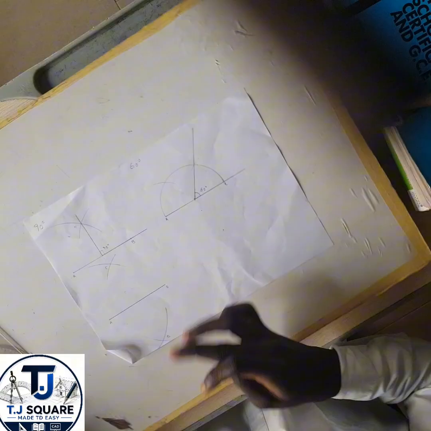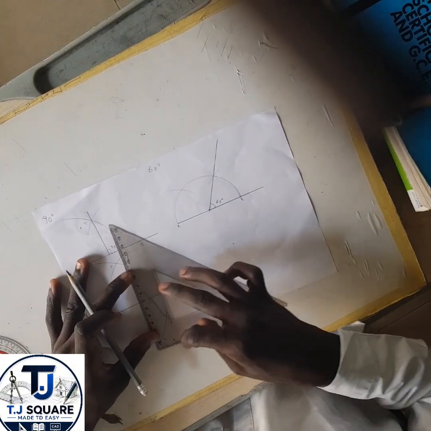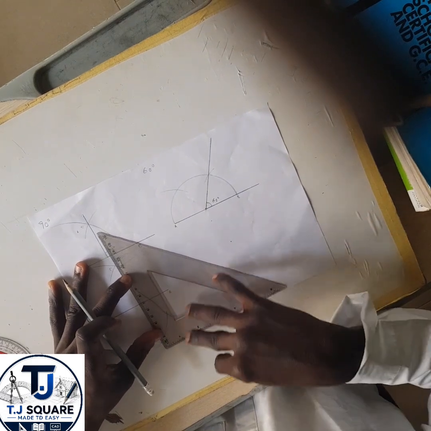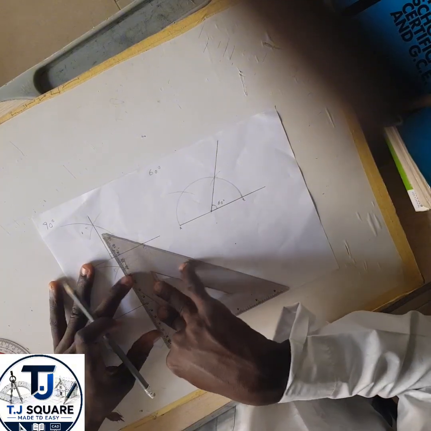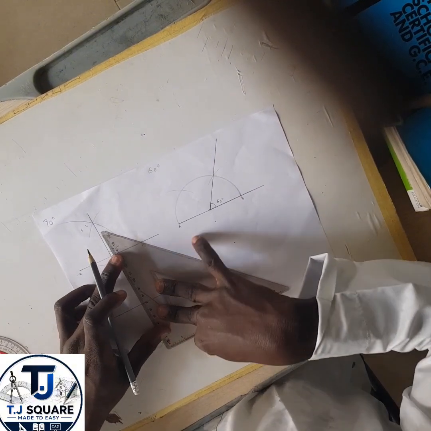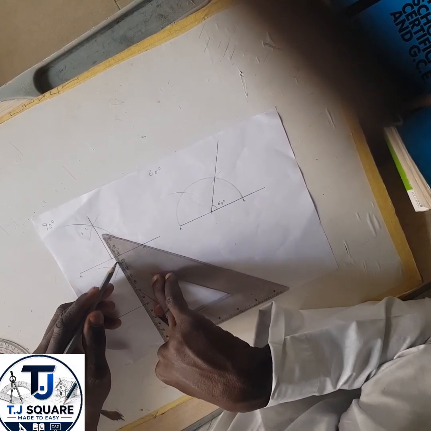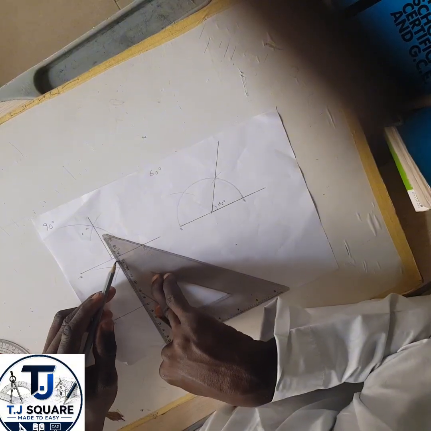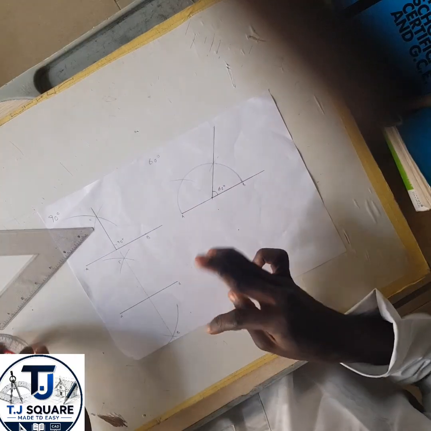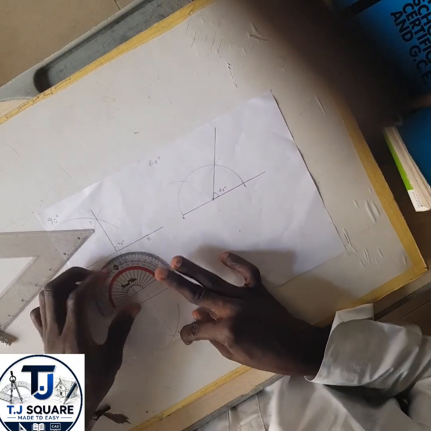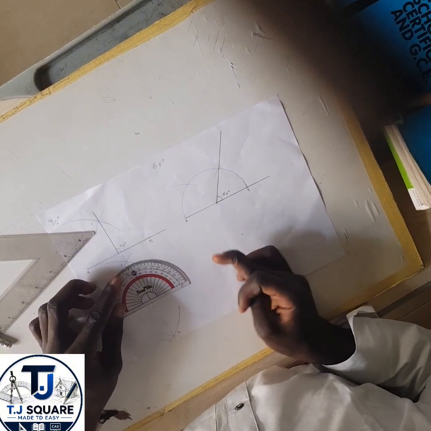D. Then you join C and D. So let's confirm. You give us 90 before we continue. Perfectly perfect, 90 degree.